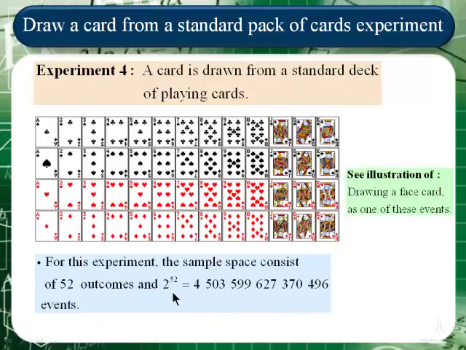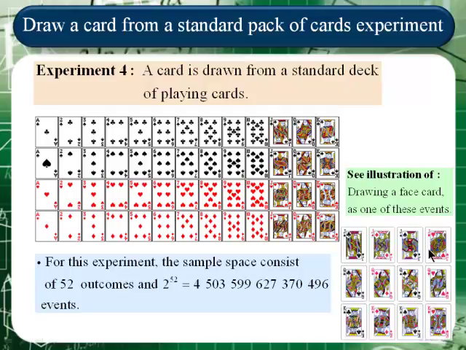Now if we look at the events, we say there's 2 to the power 52 events. It's impossible, really. Not impossible, but it will take a very long time to list and describe all these events. Just to show you one example, for instance, the event of drawing a face card. In other words, getting one of these 12 cards.